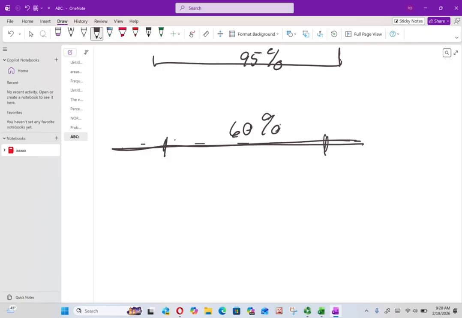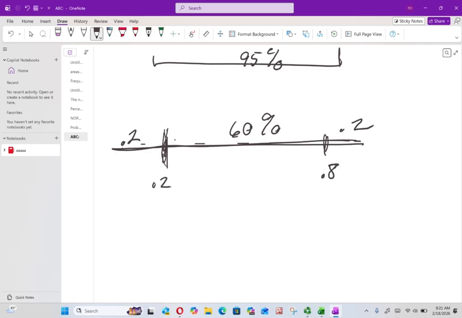What probability do I have to look up to find the value that cuts off 60% in the middle? How much is outside altogether, and how much is half of that? So here I need 0.2, and this one I would need 0.8. And that would give me the cutoffs.